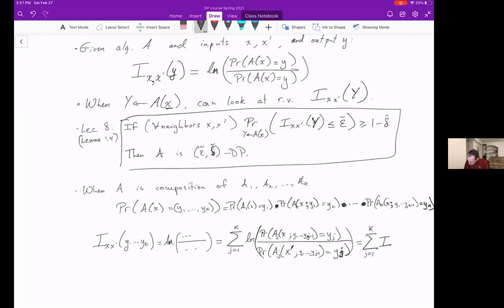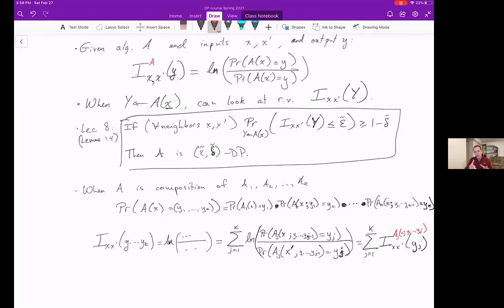So this is the privacy loss at Yj for the algorithm Aj, where we've fixed Y1 through Yj minus 1.